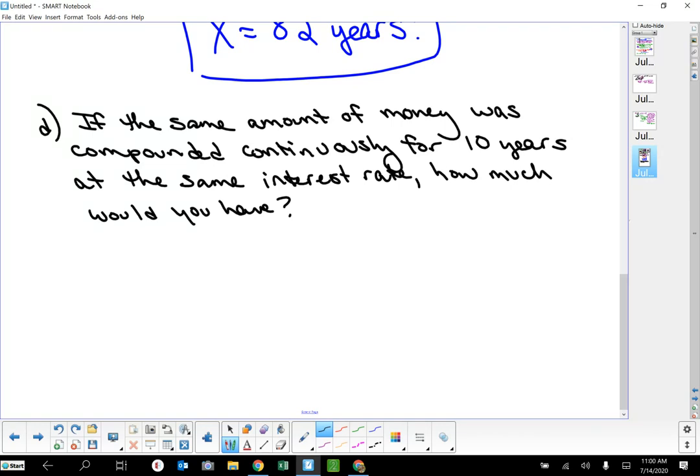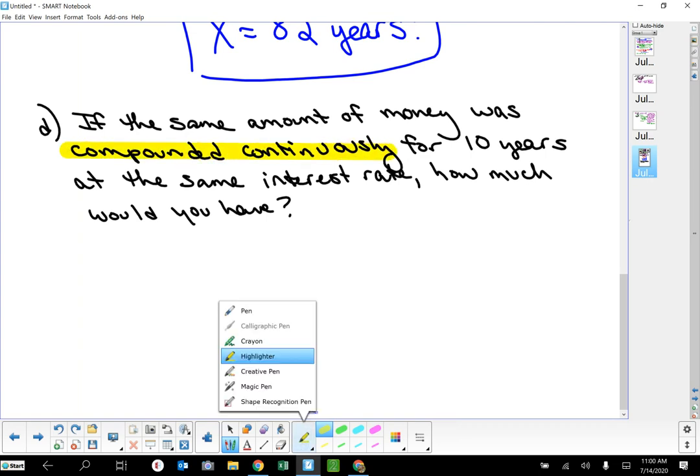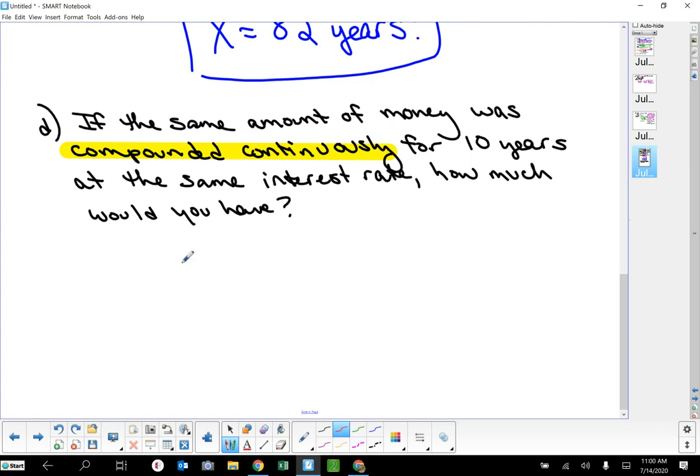So when it's compounded continuously, those words are extremely important. That means that you actually have to use a different formula. And that formula is A equals P times e to the rt, where e is that value in the calculator we talked about. P is still principal, your r is still your rate, and your t is time.